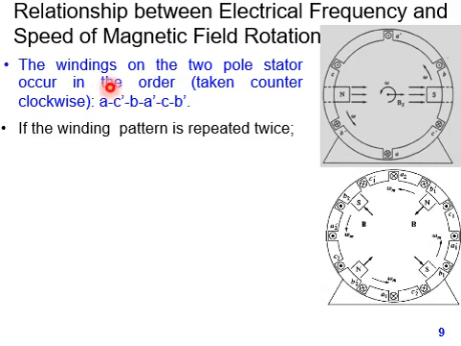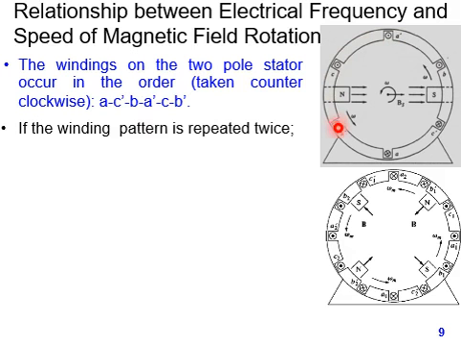The windings on the two-pole stator occur in the order taken counterclockwise: A, C bar, B, A bar, C, B bar. This is point A, then C bar, then B, then A bar, then C, and then B bar.